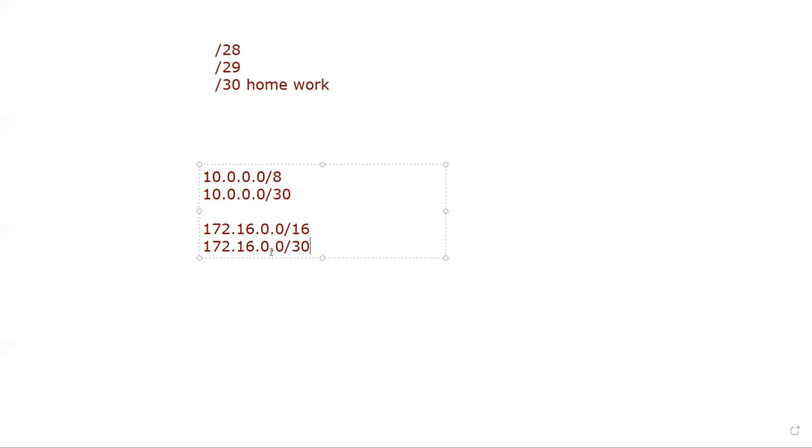But in C class, they have to start with only /24 and can end with /30. A class goes from 8 to 30, B class from 16 to 30 and C class from 24 to 30. As I have done in practical, /31 and /32 are not possible.